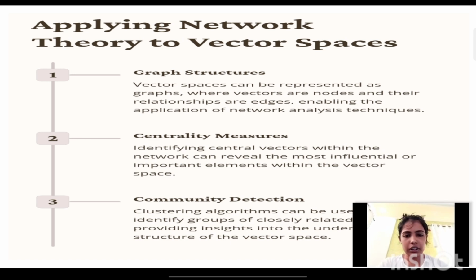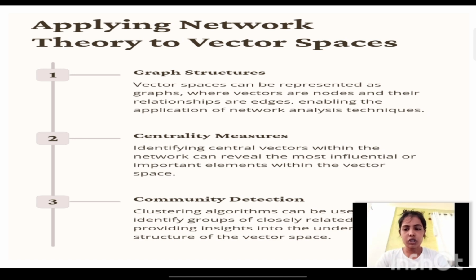Community detection: clustering algorithms can be used to identify groups of closely related vectors, giving insight into the structure of the vector space. So these are the things we see when applying the network theorem to the vector space. The graph structure is very important to understand this, and we studied how the graph can be represented.